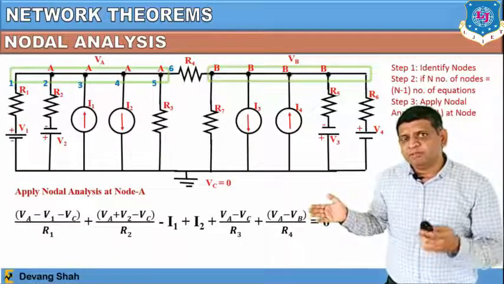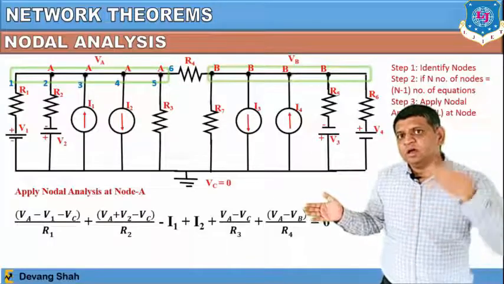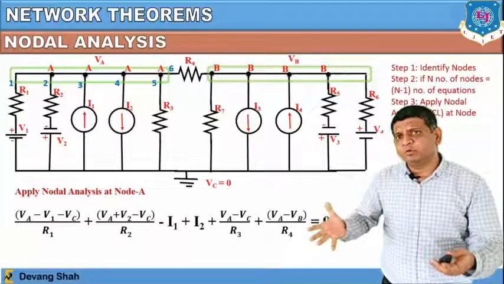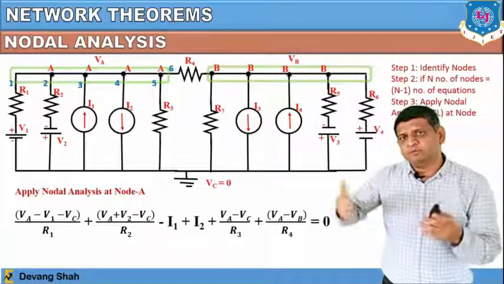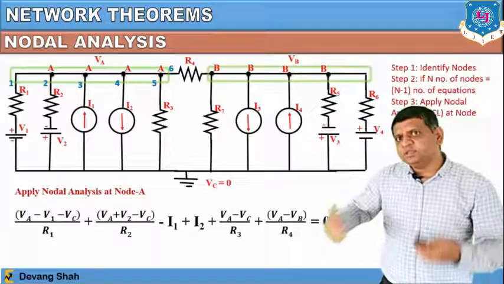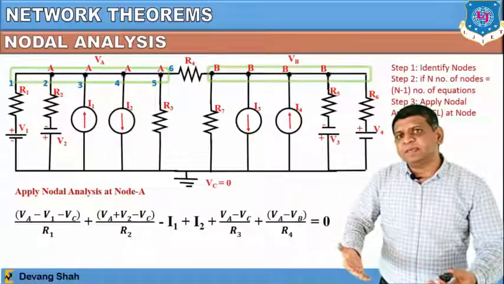So, VA minus V1 minus VC. Now, why minus VC? Because it is the other end, you have to also take the difference of that particular voltage. So, here the first branch gives the first term, and all these terms are in the form of current terms, because ultimately here we are applying KCL, right.